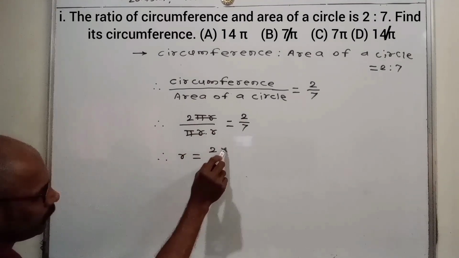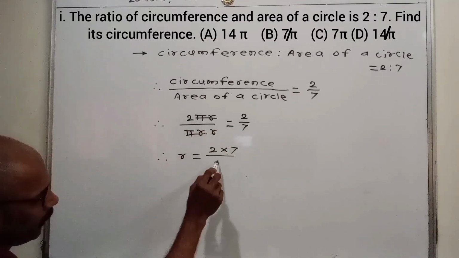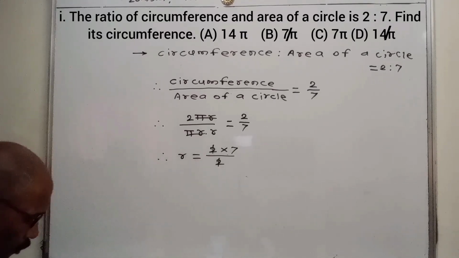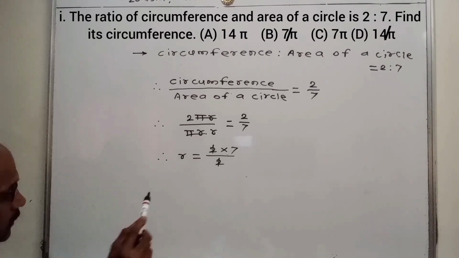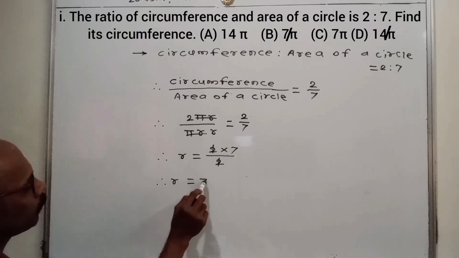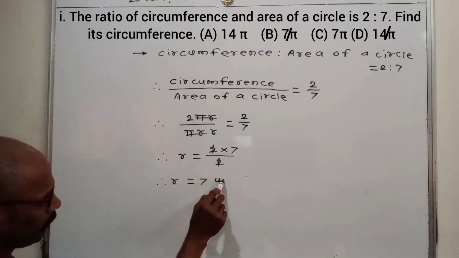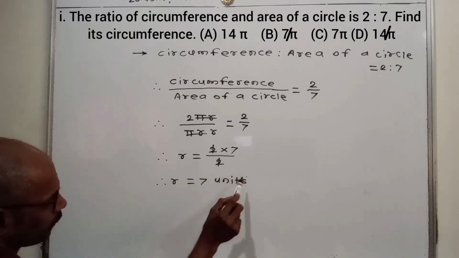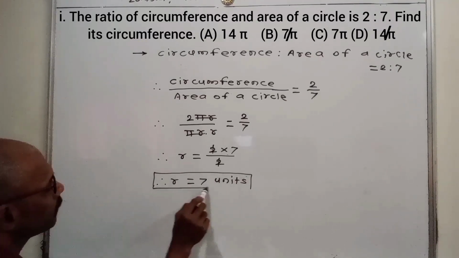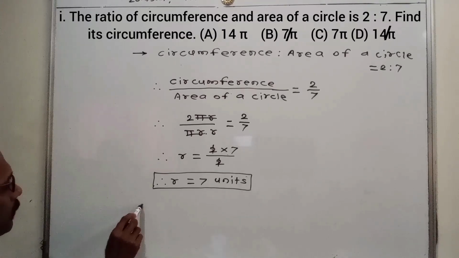Therefore, 2 into 7. We take 7 here and 2 denominator. 2 cancel. Therefore, r is equal to 7 units. Okay. First we find radius of that given circle.